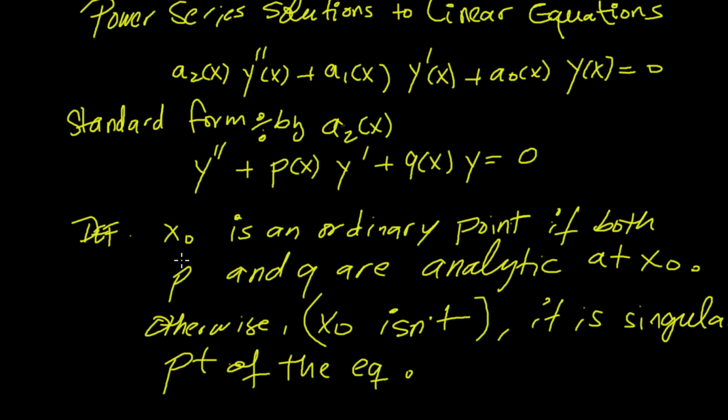Alright, so some x naught is an ordinary point if both p and q are analytic at x naught. If it isn't, then it is a singular point of the equation. And I think some of them are easy to find, but let's give you an example that mixes different things.